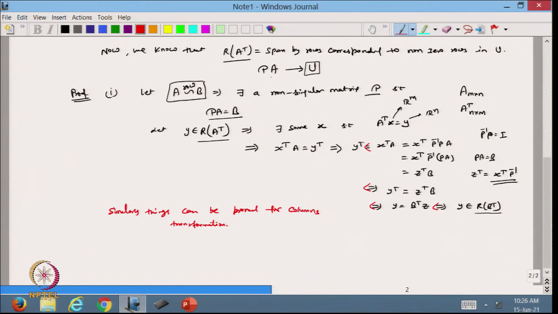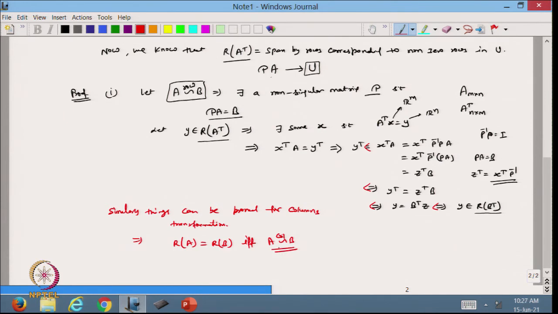Now, based on this we are able to say that if two matrices are row equivalent, then the range space of A transpose is equal to the range space of B transpose, and similar things can be proved for column transformations, which implies that the range space of A will be the same as the range space of B if and only if A is column equivalent to B. So, this is the way we can do it.